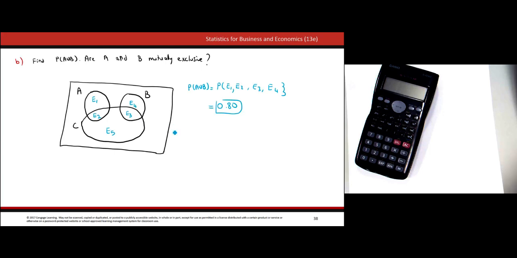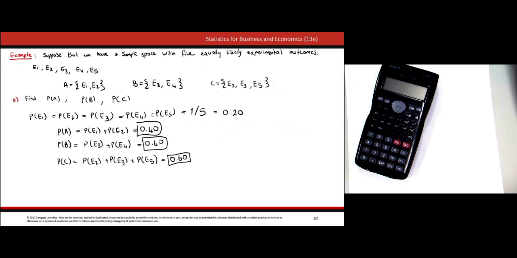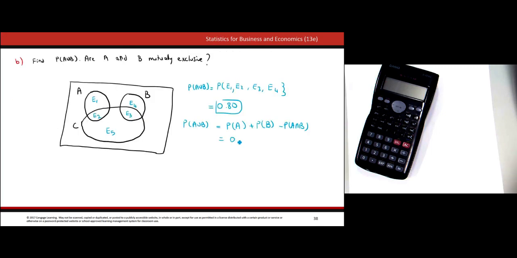Since they are mutually exclusive, we can also use the addition law, which is probability of A plus probability of B minus the intersection. Probability of A is 0.4, B is 0.4. Intersection is 0, so then it is 0.8. Same.